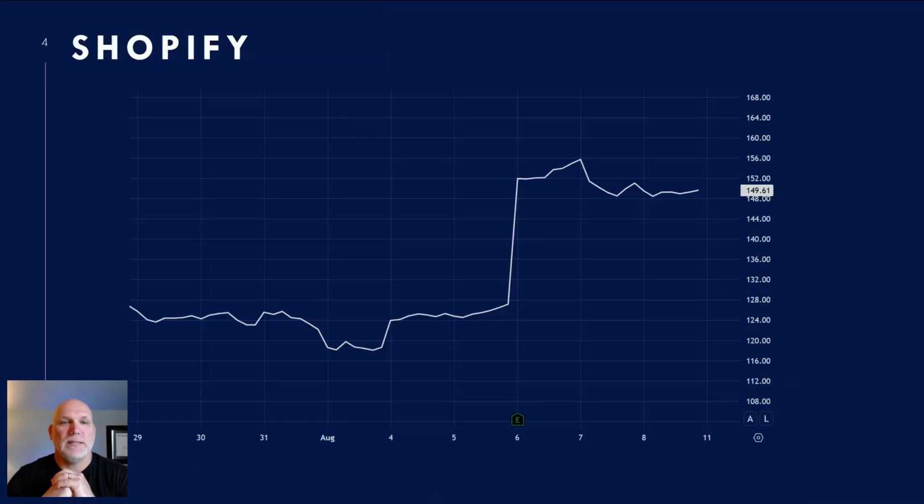So this is Shopify. Last week, you saw that I got assigned. We sold a $120 put the week before, somewhere around there. Let me change this color. And so we sold a $120 put because of unemployment and Friday's sell-off. It fell in sympathy, and as such, I got assigned.